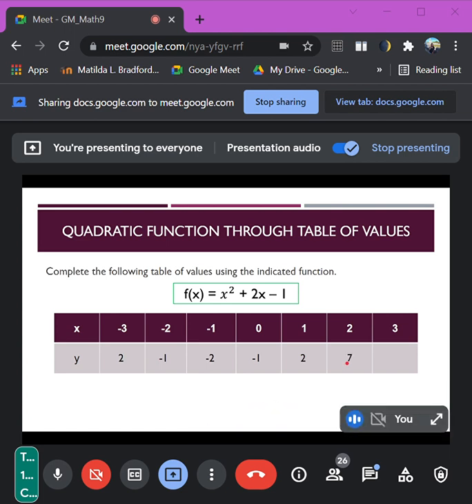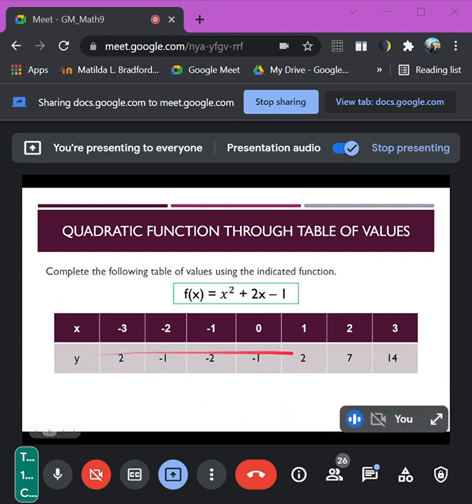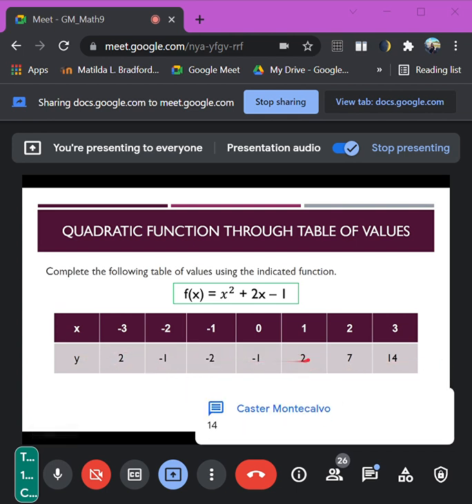If 3, class, 3 squared, 9. Plus 6, 15 minus 1. That is 14. So, these are already your values of y.